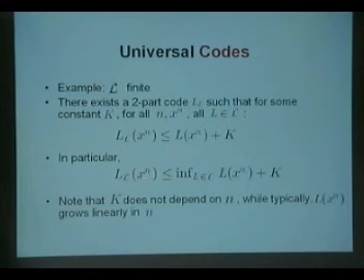And the number of bits needed to encode the sequence is always at most the best for that sequence plus log of the number of codes. The crucial thing is that this log m does not depend on the length of the sequence, whereas typically for codes we encounter in practice, the number of bits needed to encode a sequence of length n grows linearly in n. So for small sequences, this is not very useful. But as your sequence length grows, this becomes extremely useful.